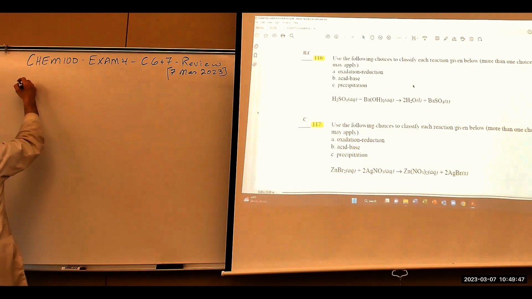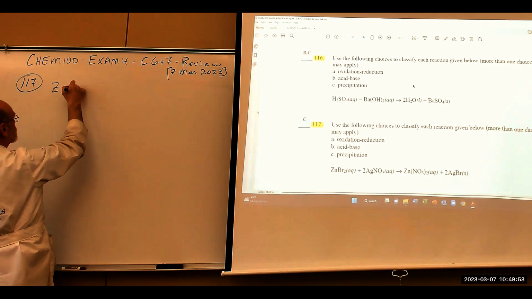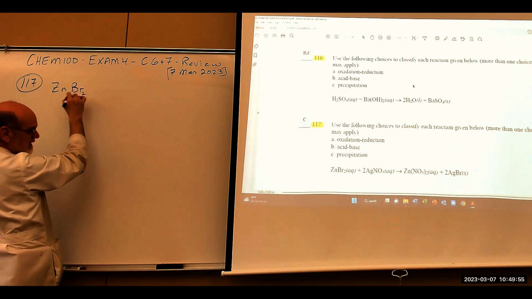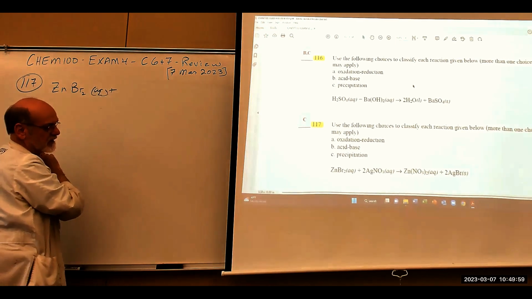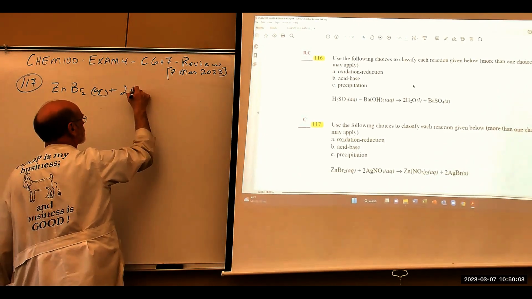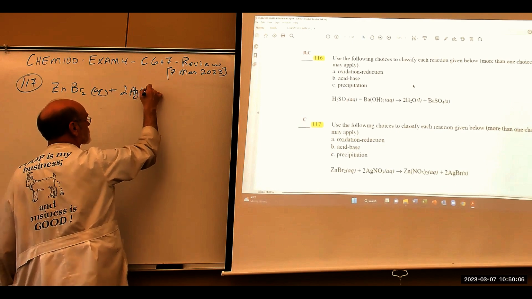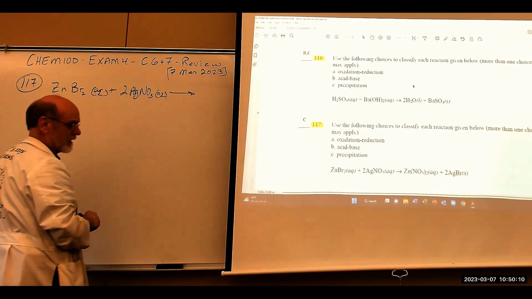117. All right. Zinc 2 bromide in solution, yes. Plus silver nitrate in solution yields what?